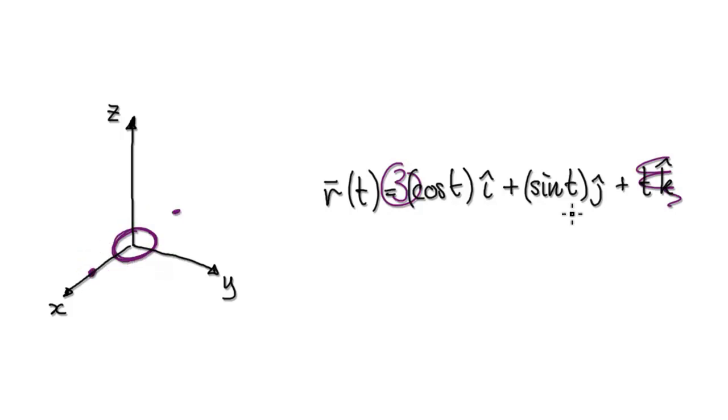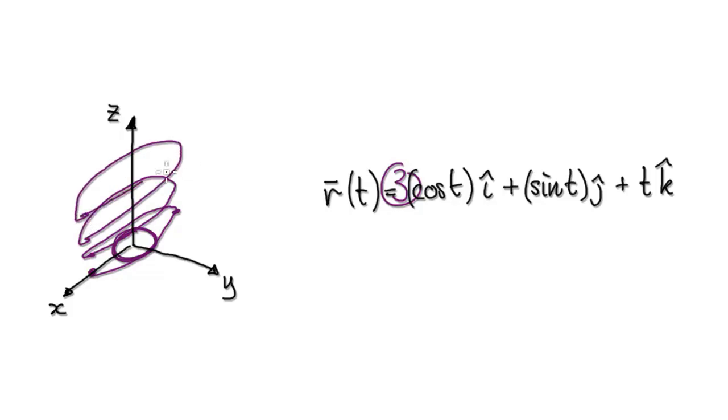But then when you add the k component, it's going to give you an ellipse where the height climbs each time. So it's like this, and then like this, and then like this. You're going to have a helix, but in an elliptic shape.